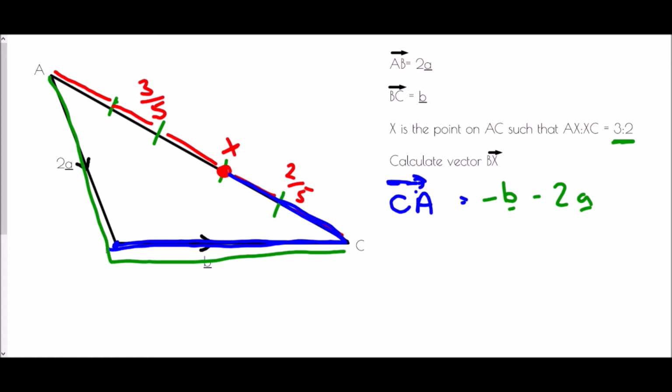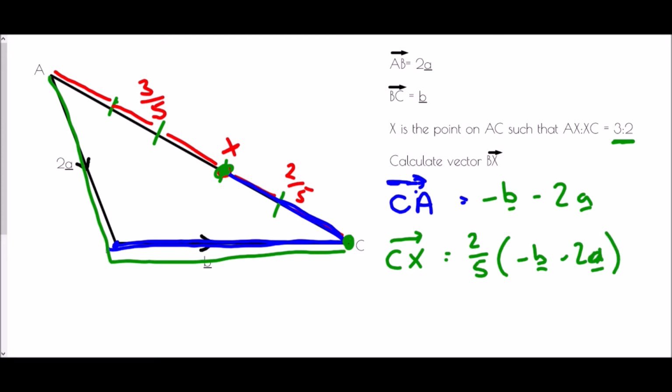But in the question, I need to get from C to X. And so from getting from C to X, well, that is going to be 2/5 of this journey. So 2/5 of negative b take away 2a.